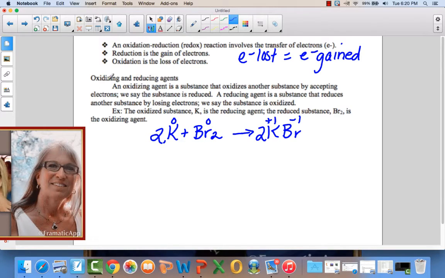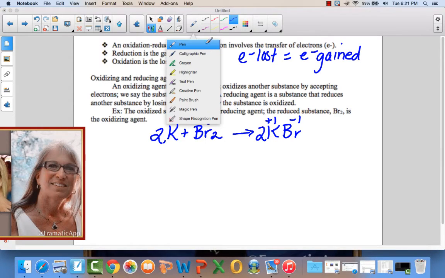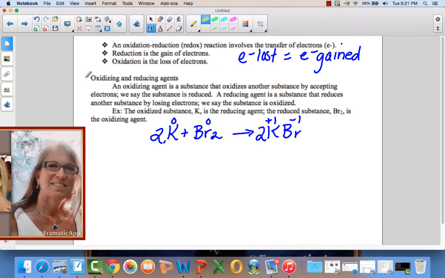Now we have two other words that come into play that are really important, and that's the oxidizing and the reducing agents. The definition says an oxidizing agent is a substance that oxidizes another substance by accepting electrons, so we say the substance is reduced. Well, that's just like blah, blah, blah right now in your ear, I'm sure. So what I need you to remember is something very simple.